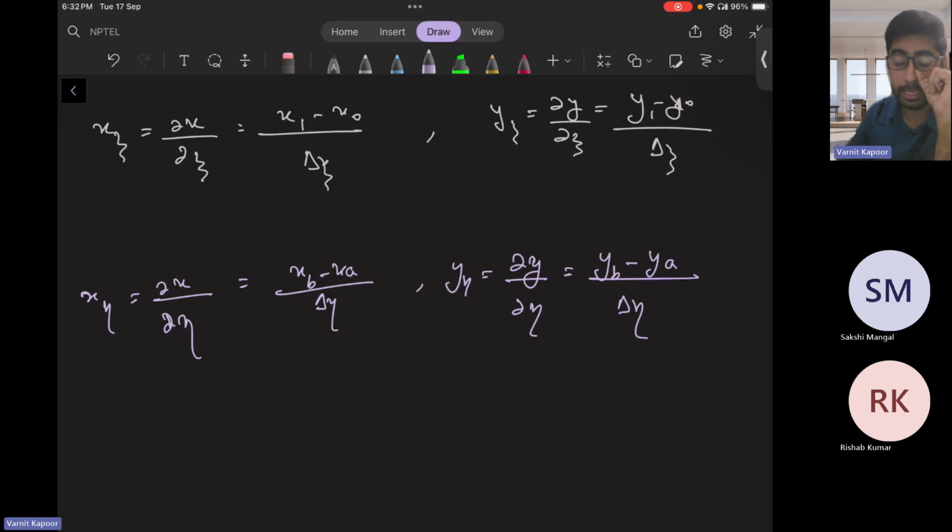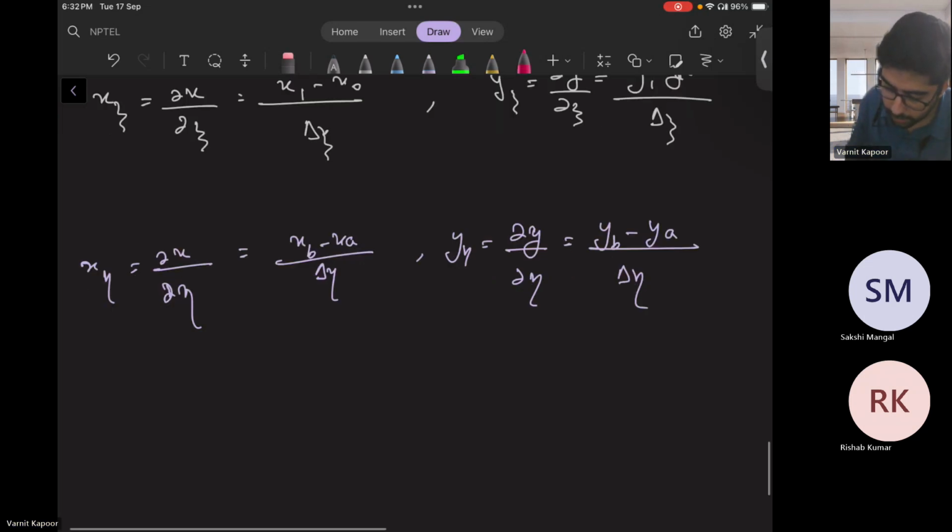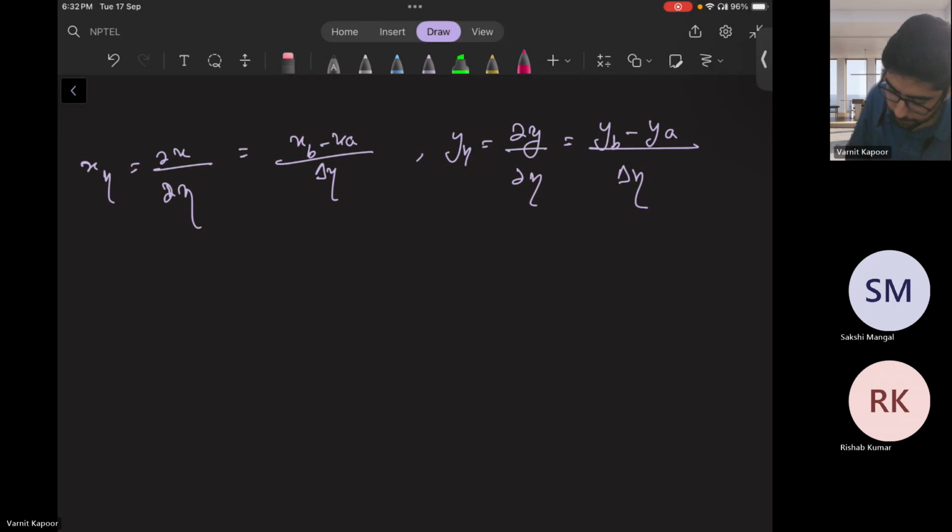Now what about AX and AY? How will you get AX and AY? AX we have identified as the length in the Y direction. If you remember, this was your AF. It decomposed here initially. This is your AX in the Y direction and AY in the X direction.